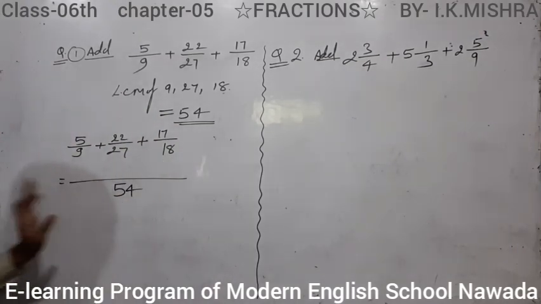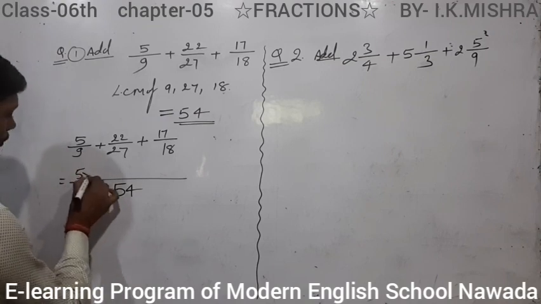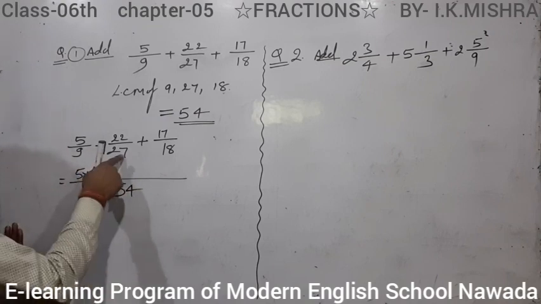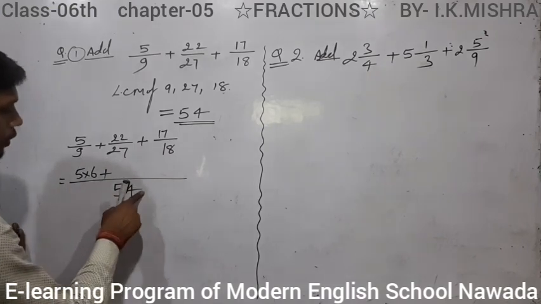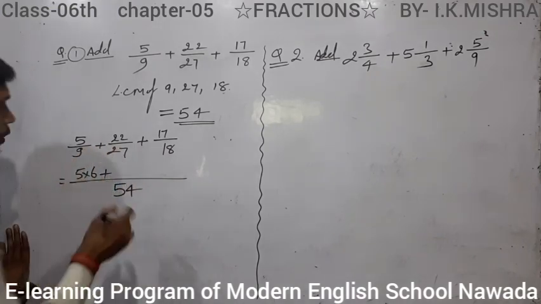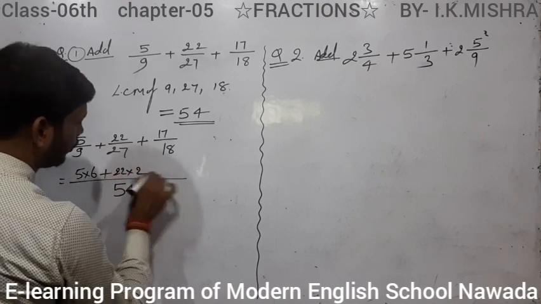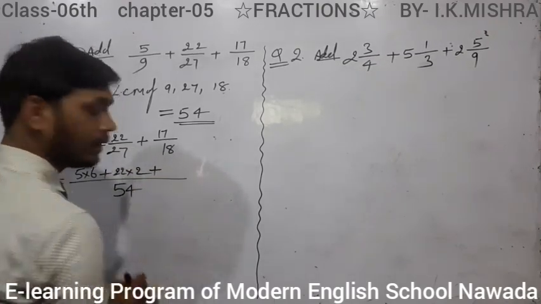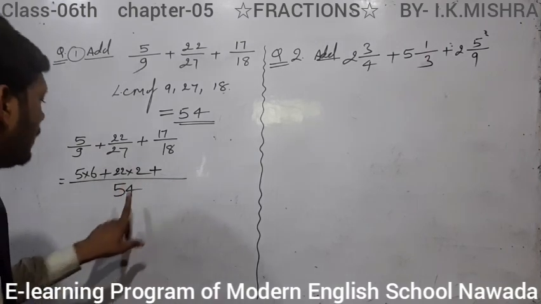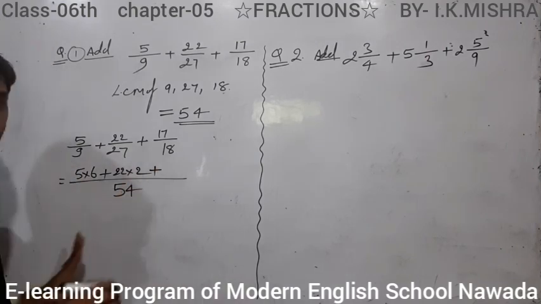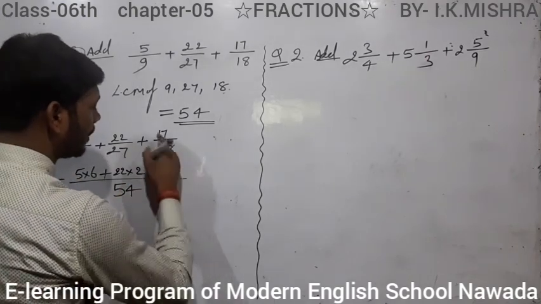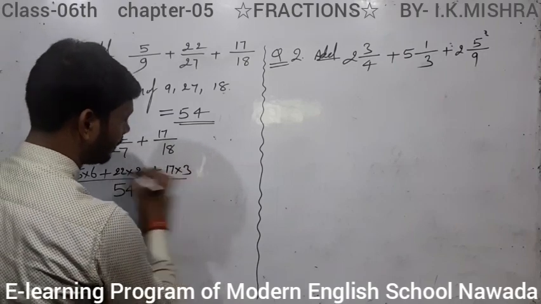by 9, 6 times, and here 5 into 6 plus after that divide 54 by 27, that means 2 times. Here write 22 into 2 plus here when you divide 54 by 18, that means 3 times and 17 into 3.